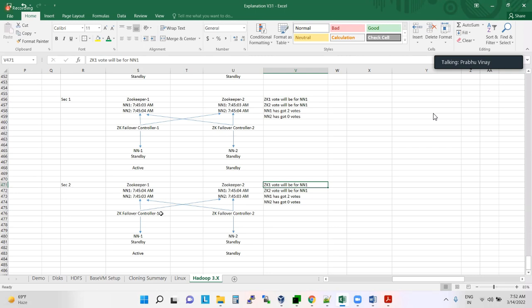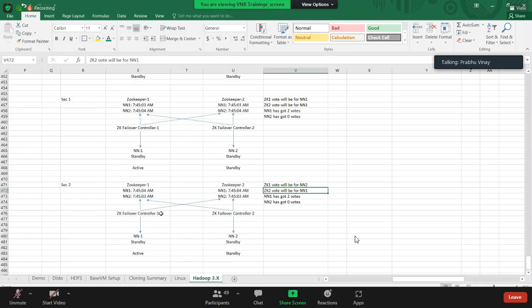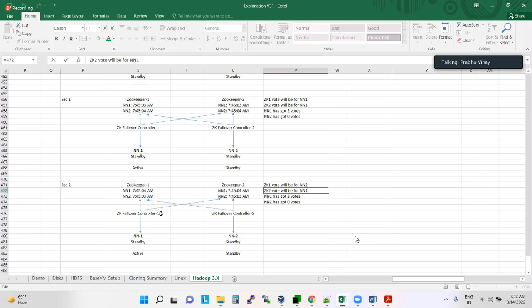Name node 2. Zookeeper 2 vote? Name node 2.